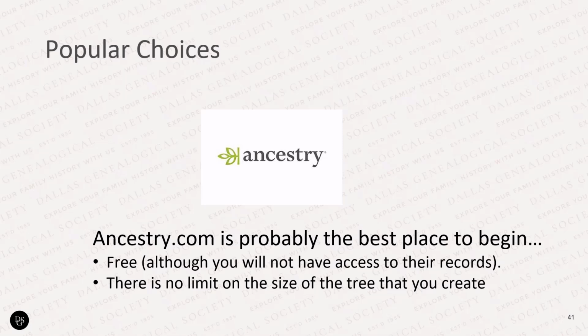Now, as you enter information into your tree on Ancestry.com, they will start giving you hints. Say, hey, I've got a census record, or I found a marriage record. If you want to view those records, you will then have to pay Ancestry some money. My advice to everybody, if you haven't chosen anything, would be to start here. Go through and do everything we talked about.